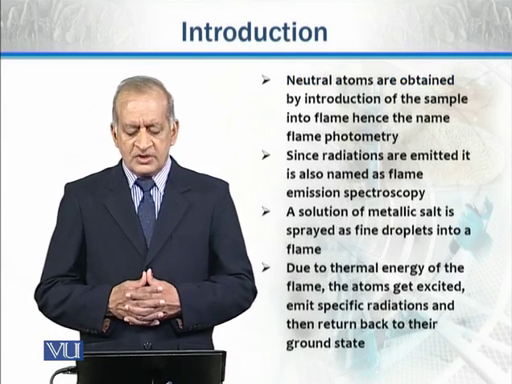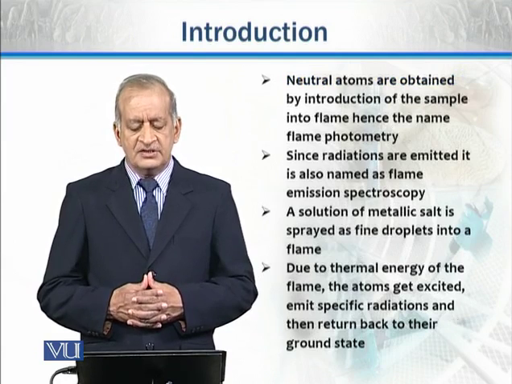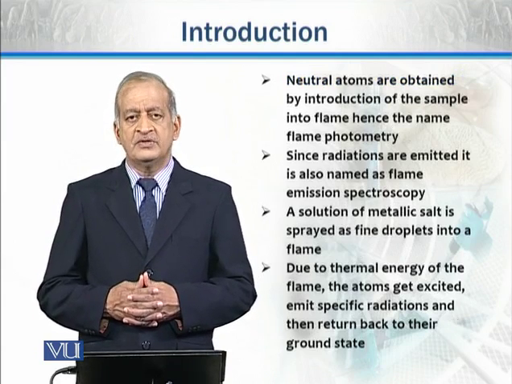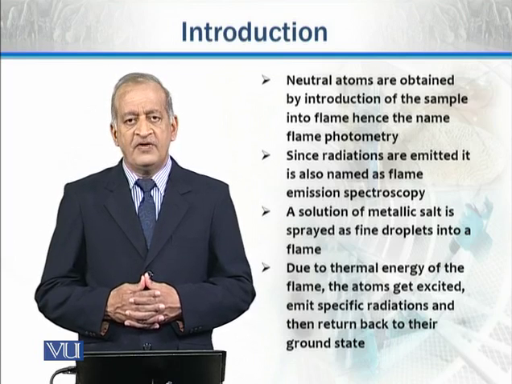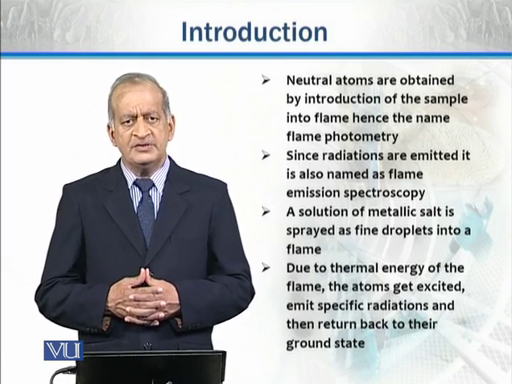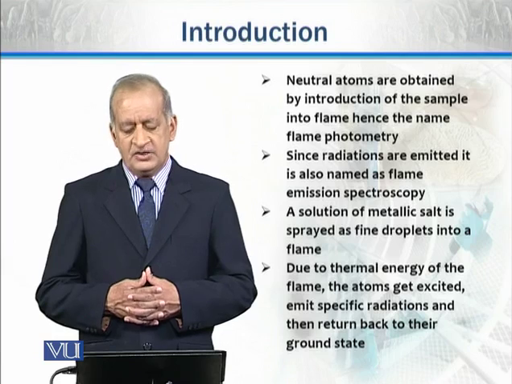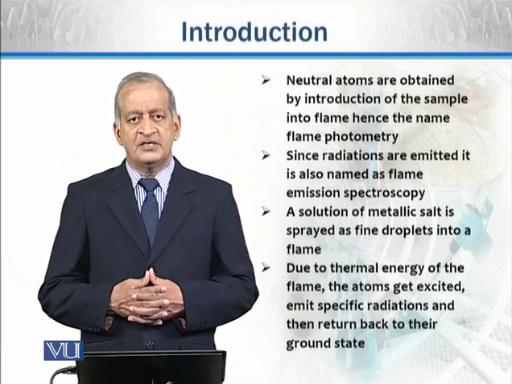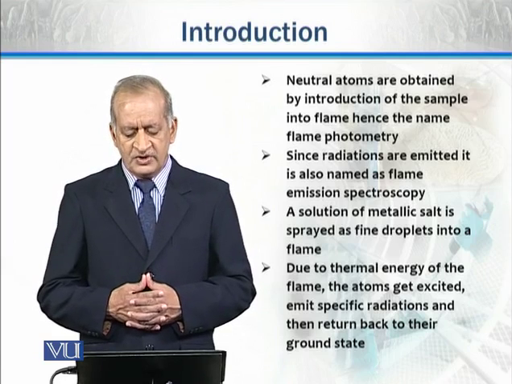Now, neutral atoms are obtained by introduction of the sample into a flame, hence the name flame photometry. Since a flame is used to get neutral atoms, when these different atoms of elements are heated in the flame, that's why this name is given.